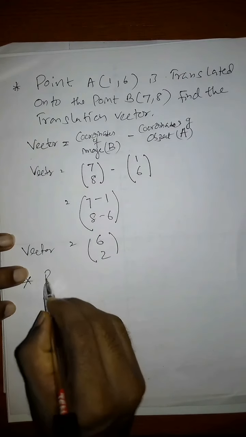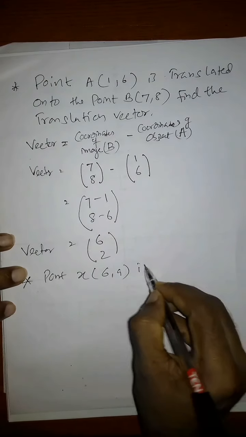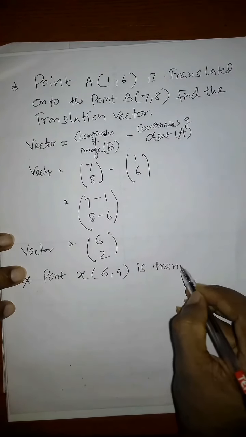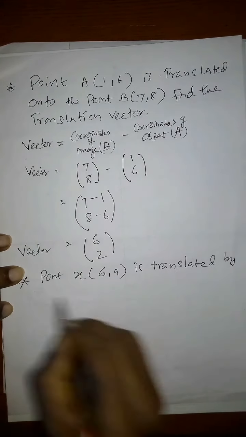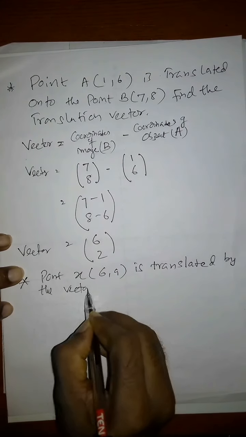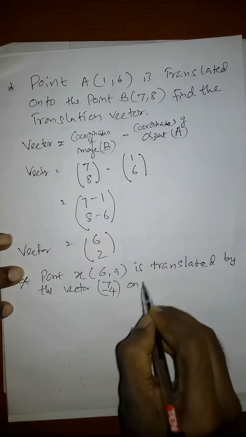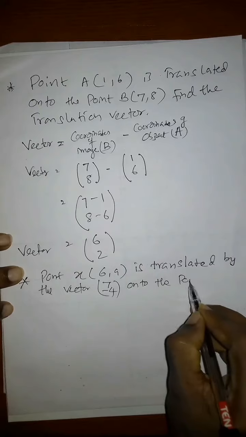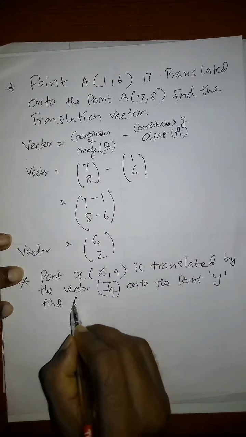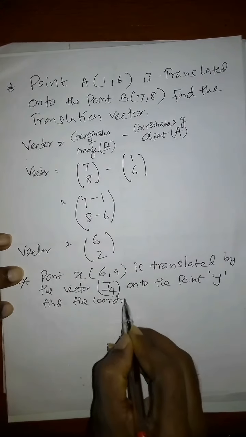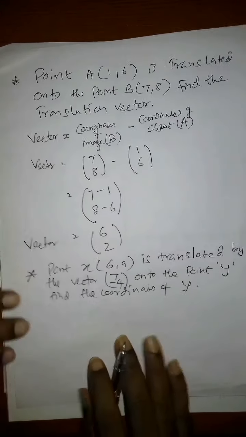They say point X is translated by the vector (3, -4) onto the point Y. Find the coordinates of Y. Then you use the same thing here.